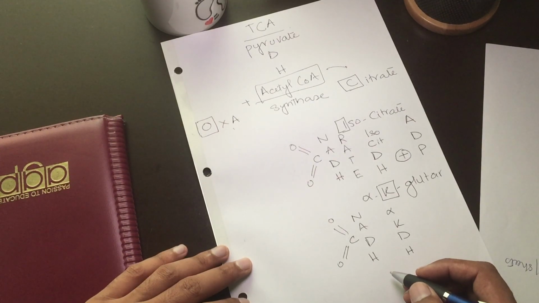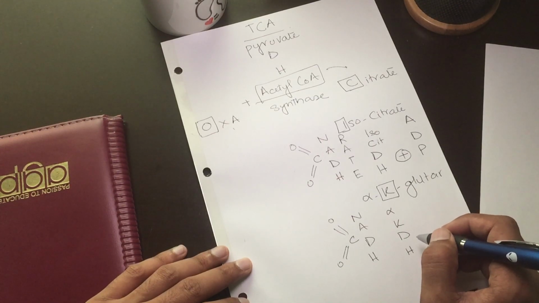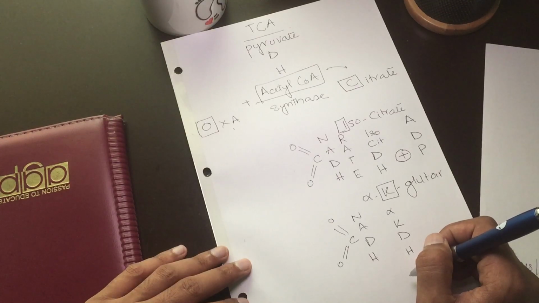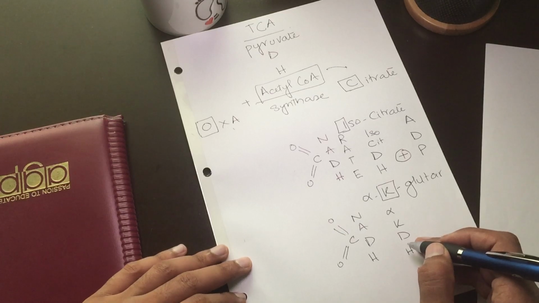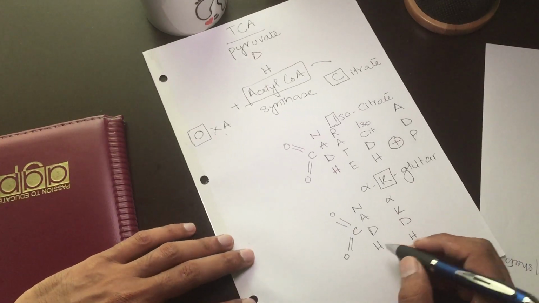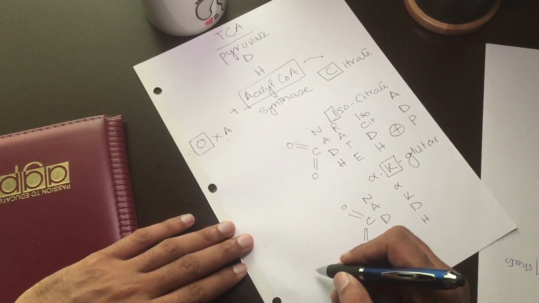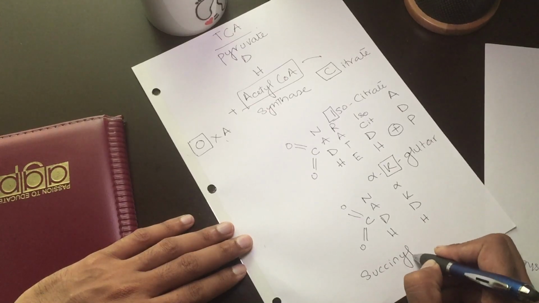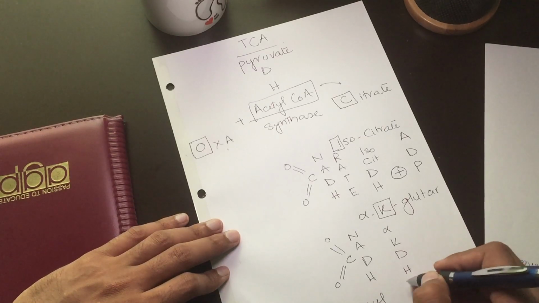Dehydrogenating alpha ketoglutarate makes succinyl CoA.